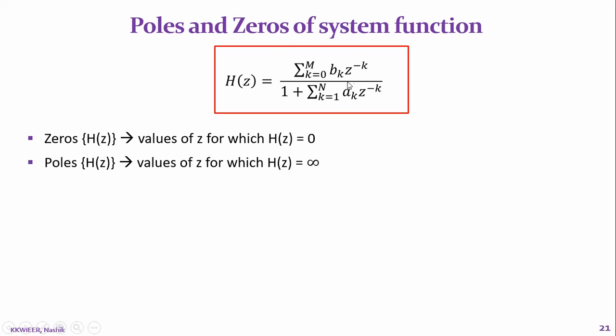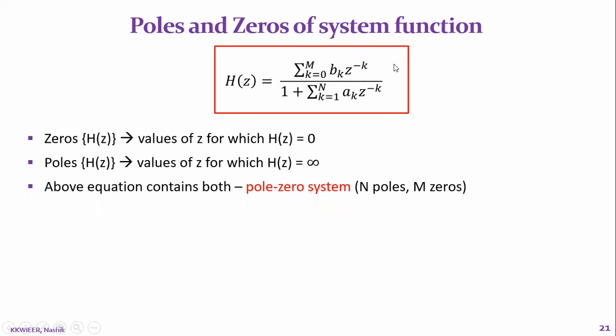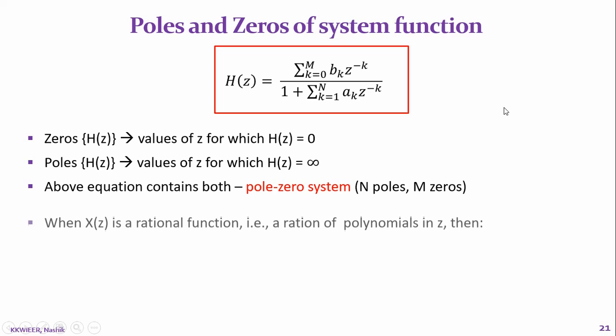If the numerator is 0, that means H of z is 0, so you will get the zeros of the system. If the denominator is 0, that means H of z is equal to infinity, and you will get the poles of the system. So the above equation contains both poles as well as zeros. That's why this is called a pole zero system, where N poles and M zeros will be there.